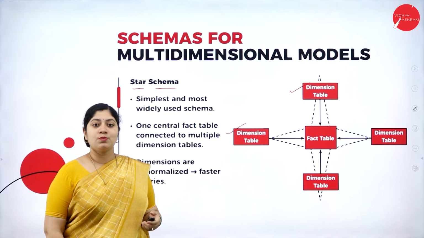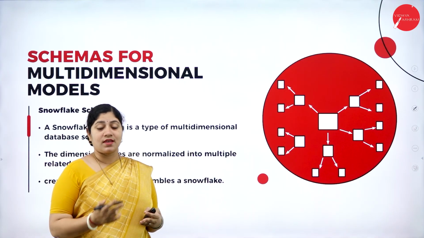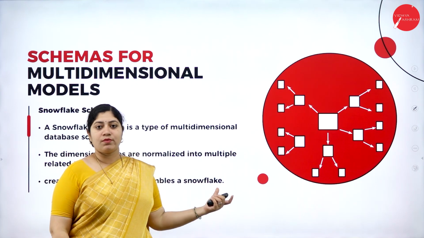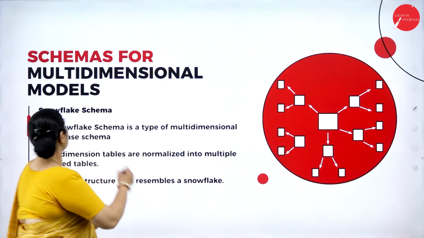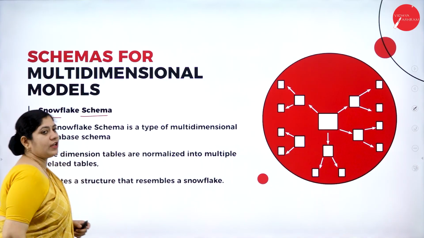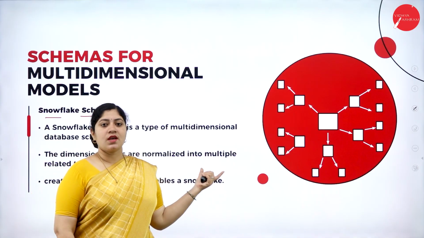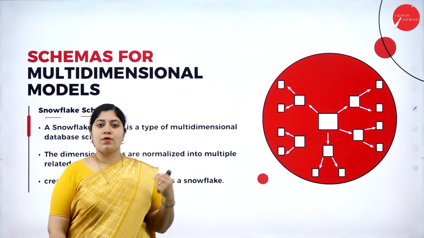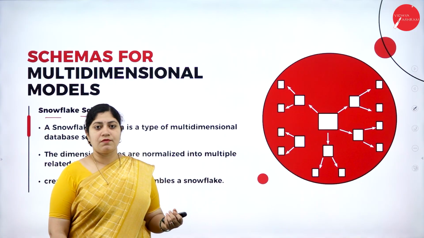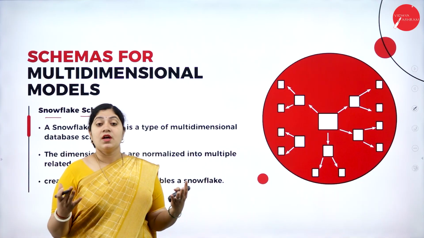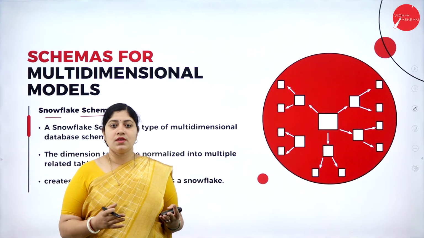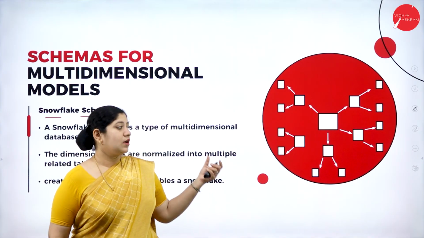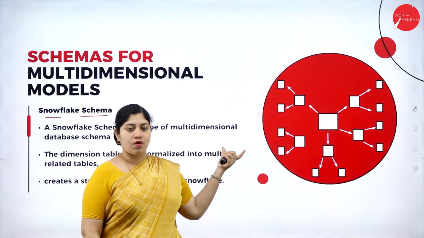Up next, let's move forward and understand the second schema, or the second type of representation of multidimensional data, that is none other than our snowflake schema. This type of schema is utilized for a bit more complex type of information where there will be multiple tables. A snowflake schema is a multidimensional database representation format.